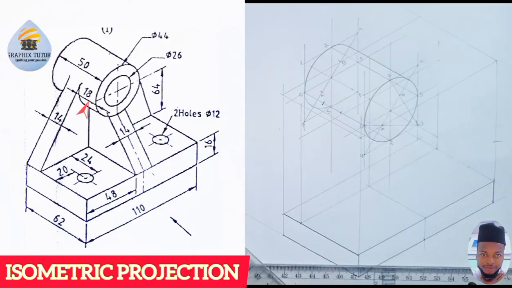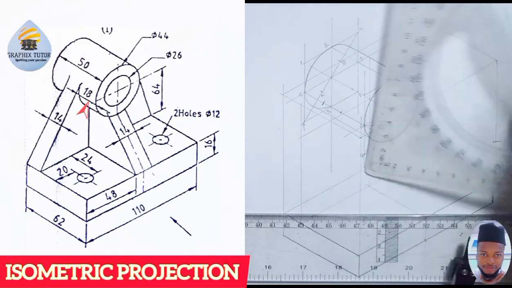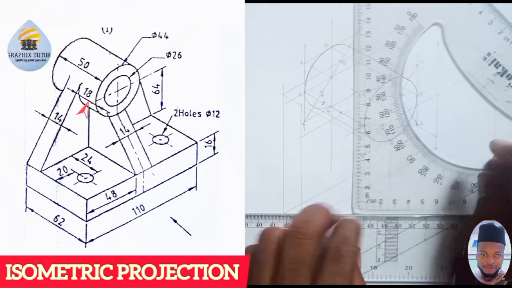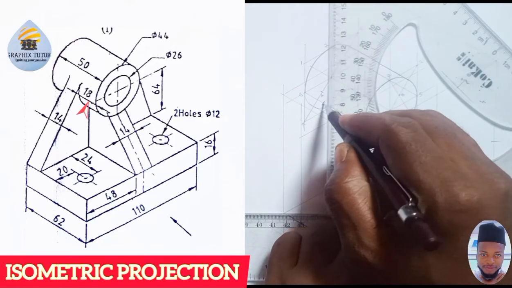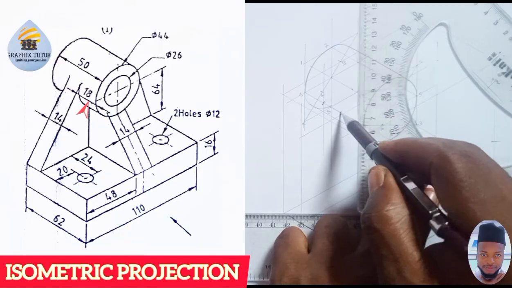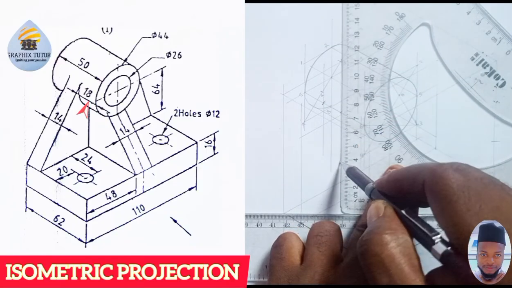So in that point, I'll just do something here. How will I do? Look at what's happening. I'll stretch it down. I'll just from here, stretch it down. From here also, stretch it down.